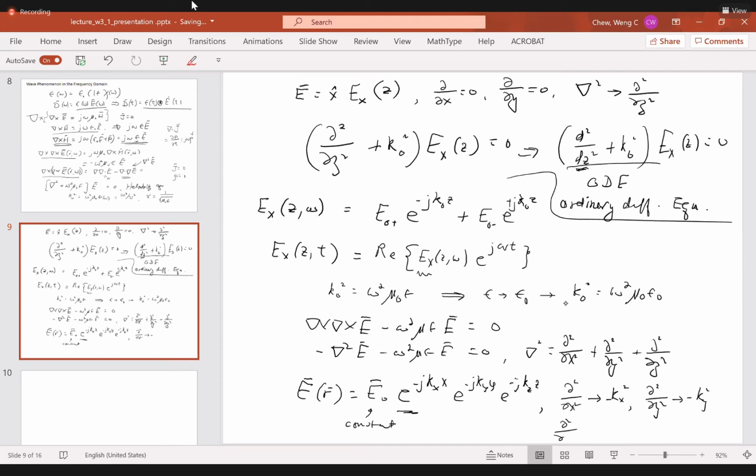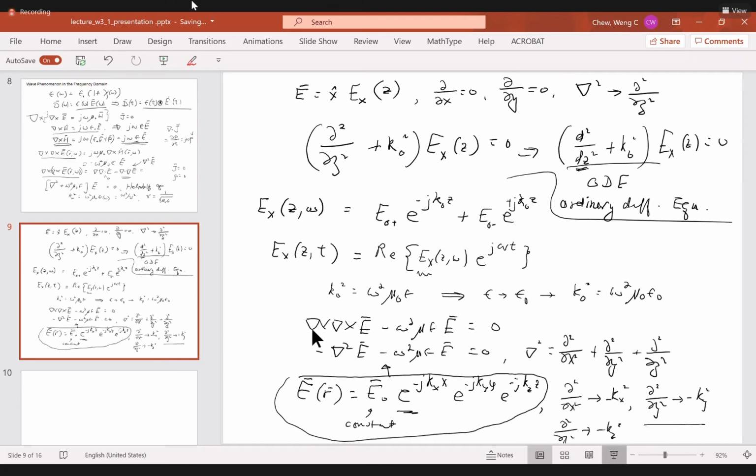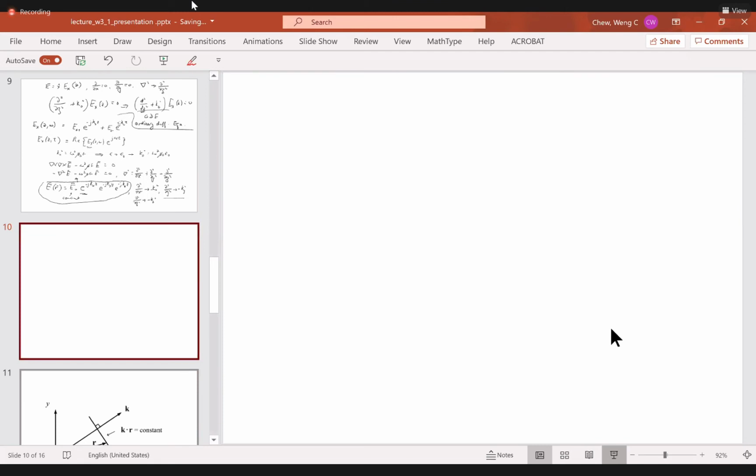So now if I plug this into this equation, okay, make use of all these nice properties because they're the very simple exponential functions. The Laplacian is this, and when it operates on this function, it becomes very simple. Then the Helmholtz wave equation just becomes something very simple.